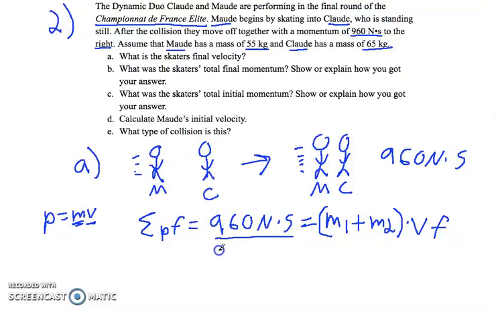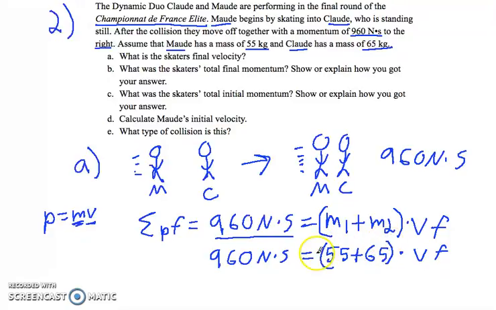We plug in 960 Newton seconds, and add up each of their masses, 55 plus 65, times the final velocity. If we solve that, we get a final velocity of 8 meters per second.